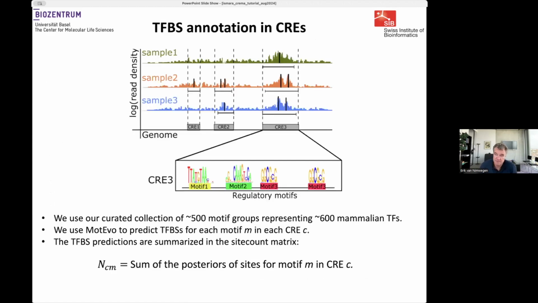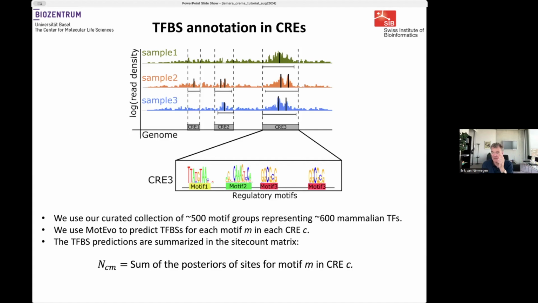All right, the next step is that we now want to predict binding sites for the transcription factors in each CRE. We basically use the same methods as I showed you before. We have this curated set of regulatory motifs, and now we go one CRE at a time, take the sequence of the CRE, and predict binding sites for all the transcription factors in there.